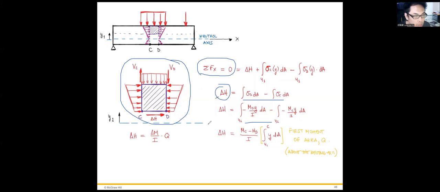Finally we get the shear force equals (M_C minus M_D) over I, and the last term we define as the first moment of area, Q. The second moment of area is I.